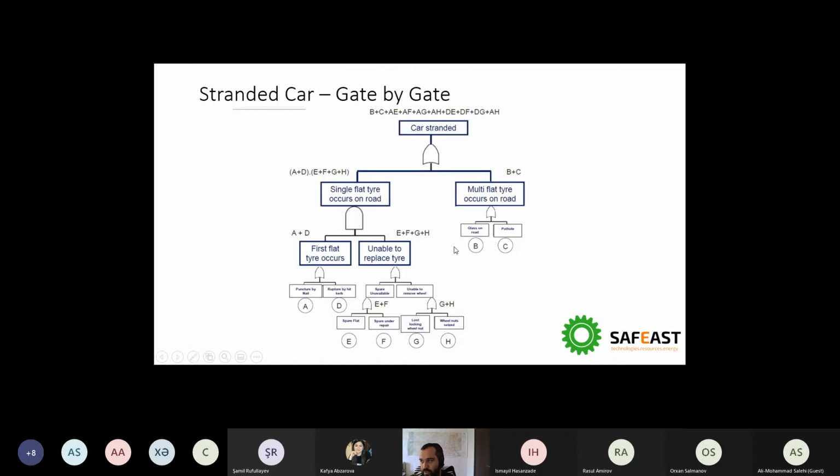And the second one is you can basically restructure your fault tree so that in every set there is only one unique event which is not repeating itself.